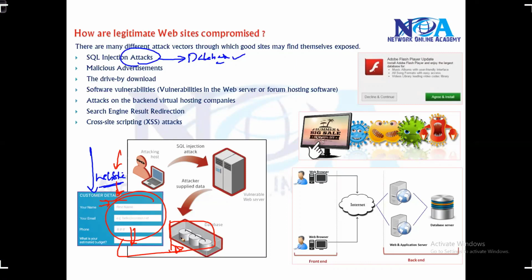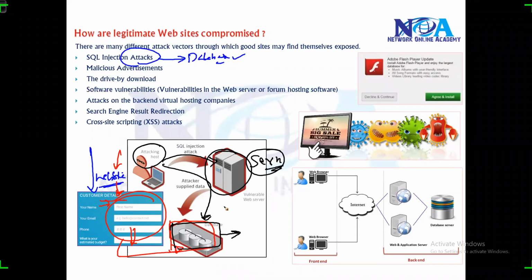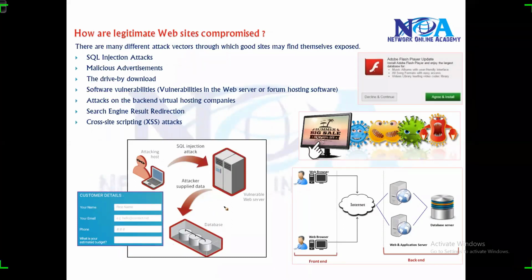Now, if this particular web page is poorly designed with lesser security options, then the attacker can inject some kind of attack onto the specific web server, and may gain access to that particular database. So this kind of attack is specially used by the attacker to gain access to the database. So this is one kind of attack.